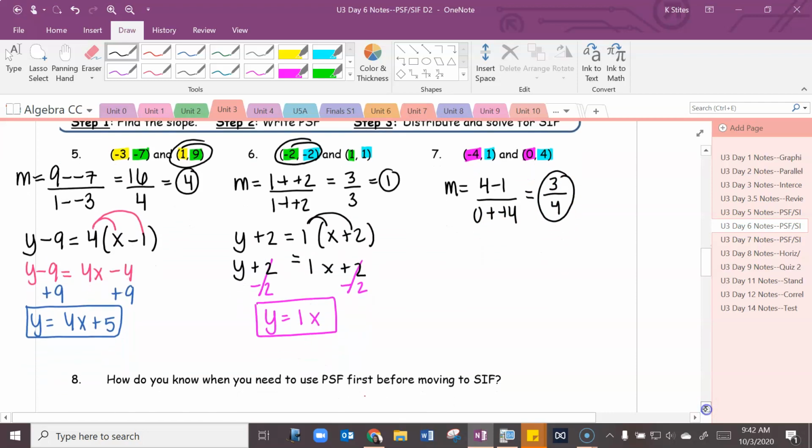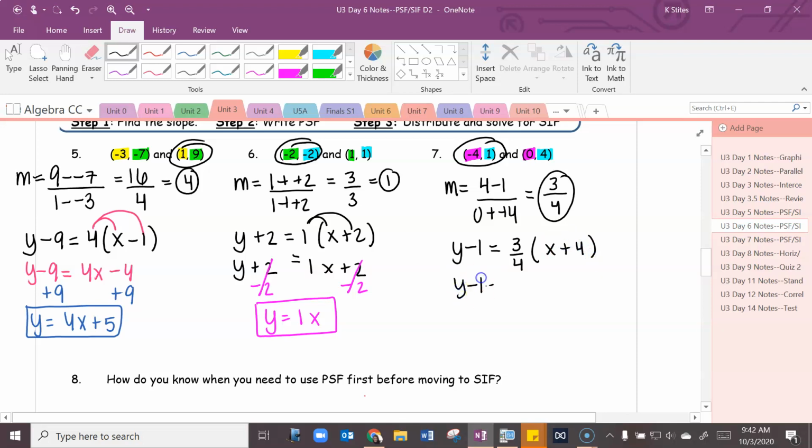Okay, and we have found our slope. Pick a point, whichever one you like. I want this one. And I'm going to do y minus 1 equals my slope and then x plus 4.